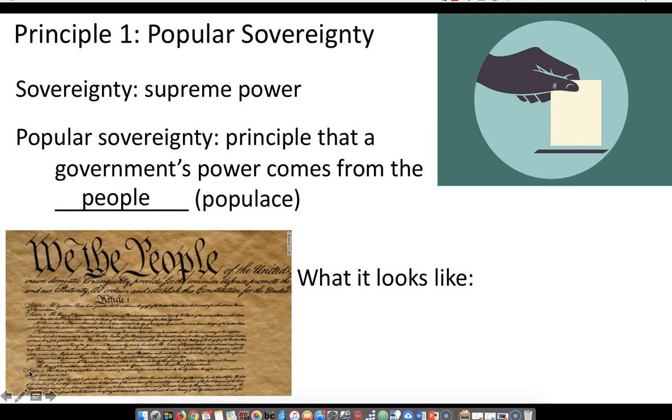Populace meaning the population, right? So popular sovereignty is looking at the population of a people for their approval. And what exactly does that look like when we're talking about popular sovereignty and how it plays out in the U.S.? Take a look at your homework.